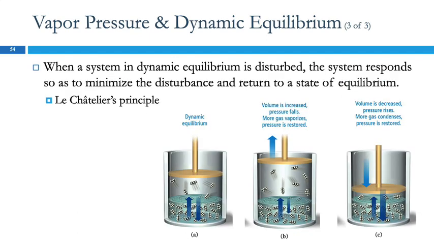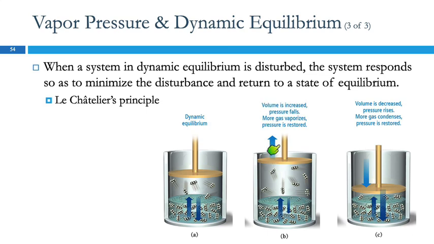If we disturb this system, it's going to respond in a way to minimize the disturbance. That's called Le Chatelier's principle. So here we have a system in dynamic equilibrium. The rate of evaporation and the rate of condensation are the same.